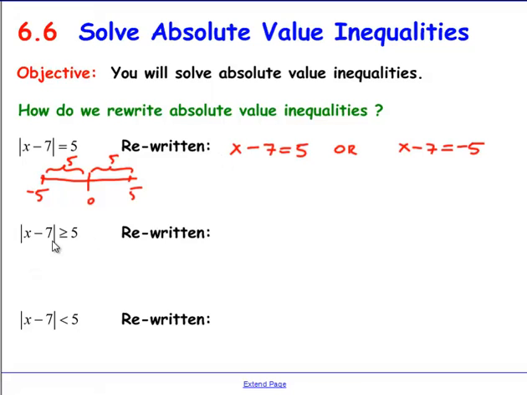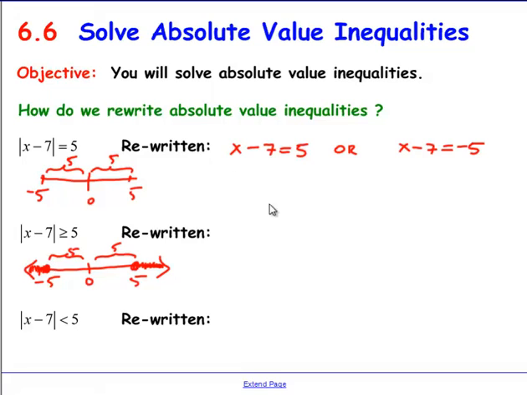For this one here, the statement says that the distance away from 0 is more than 5. If you think about this, here's 0, here is where the 5 units away will take us, and we have to be further away because the distance has to be more than 5. So I have to go further away, to the right of positive 5, or I could also be at negative 5, and my distance has to be more than 5, so I have to go further away.